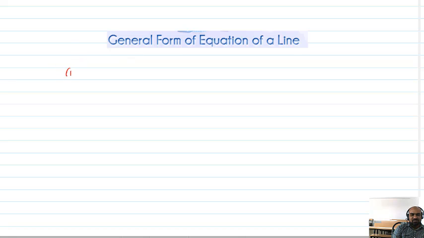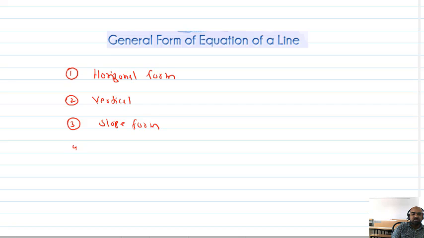First one is horizontal form. Second one is vertical form. Third one is slope form. Fourth one is slope intercept form.